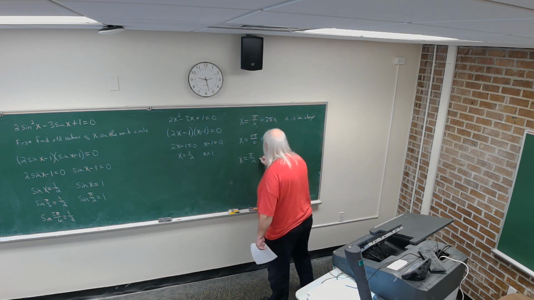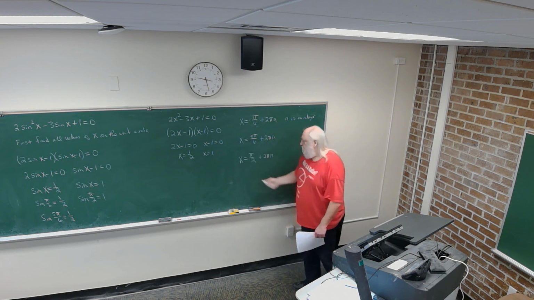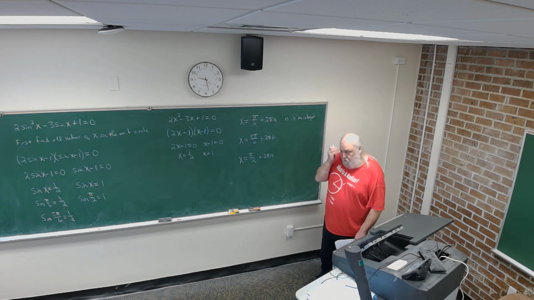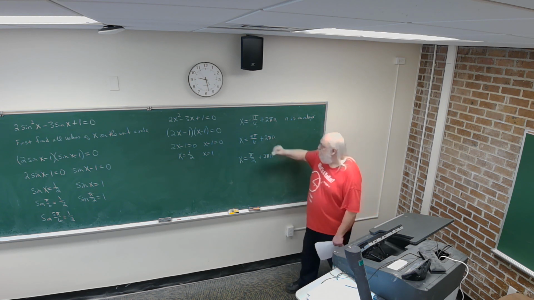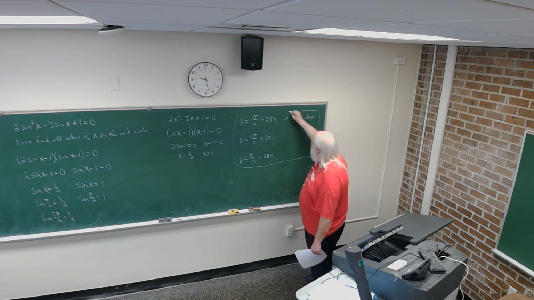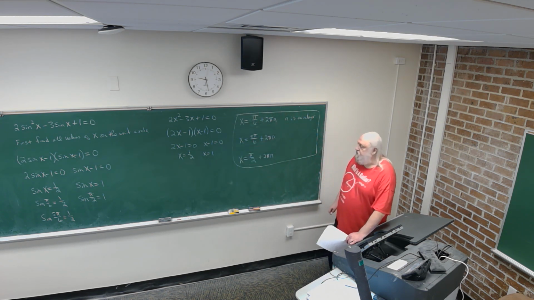And we add 2 pi n to pi over 2 to get all the angles that are coterminal with pi over 2. And so these are all the angles that we can put in for x in our quadratic equation, and the left-hand side will equal 0.